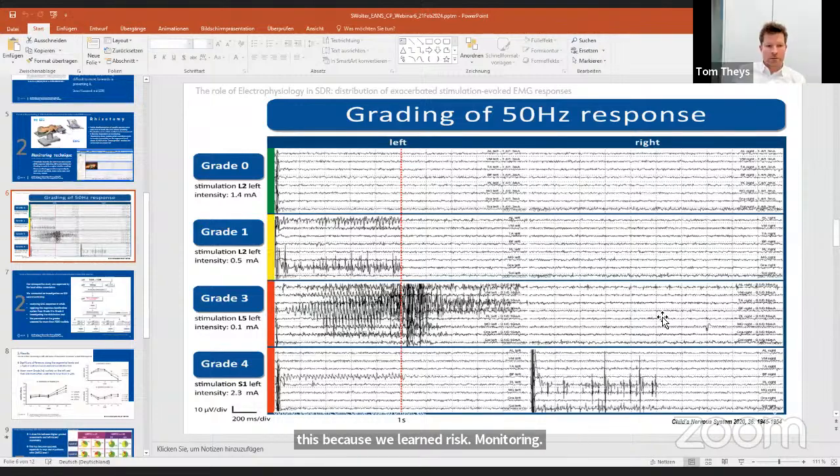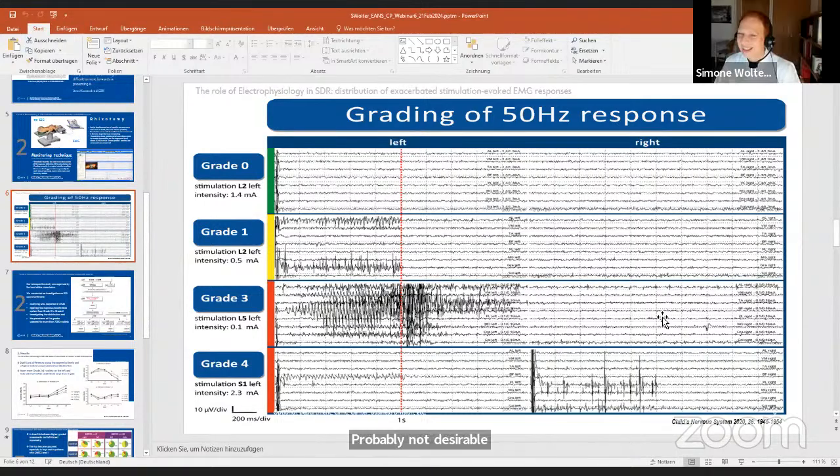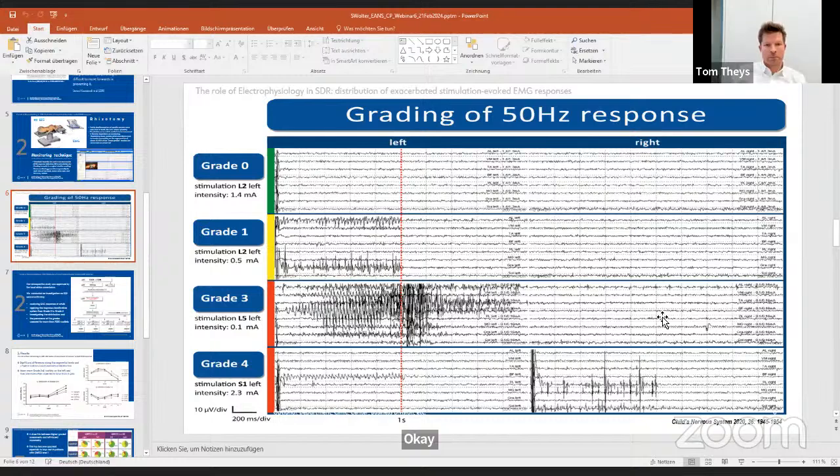And then the last question from a colleague from Slovenia: what if you get only grade 0 responses? Probably not desirable. If this is the case, the surgeon decides which rootlet is sectioned. That is not my part; I can only say what I see.